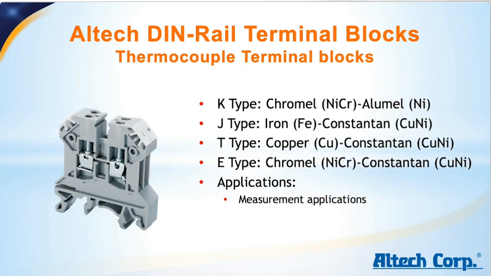A very special group of terminal blocks are the so-called thermocouple terminal blocks. Thermocouple terminal blocks consist of two terminal blocks combined. However, they are not regular terminal blocks. Each of the two terminal blocks has different materials on their internals.